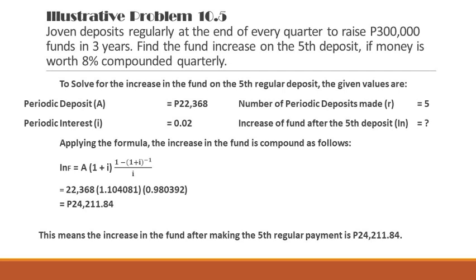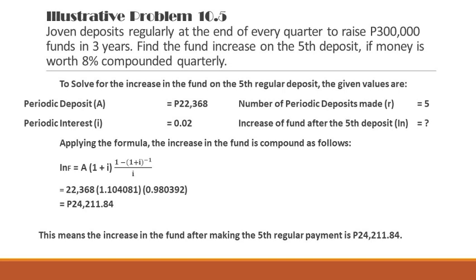To solve for the increase in the fund on the fifth regular deposit, the given values are the periodic deposit A, which is equal to 22,368 pesos, periodic interest I, which is equal to 0.02, and the number of periodic deposits made, R, which is equal to 5. The increase of the fund after the fifth deposit is what we're going to find.